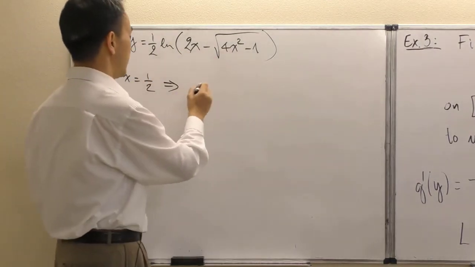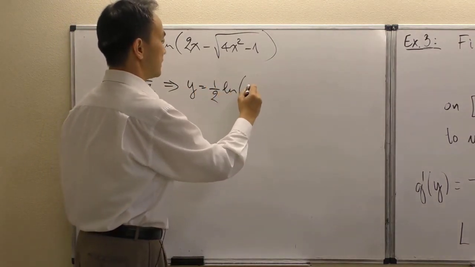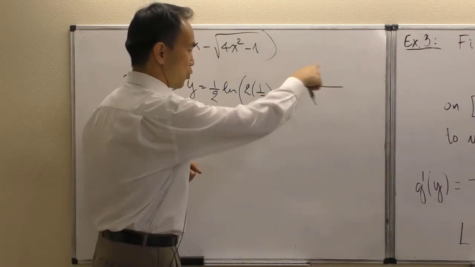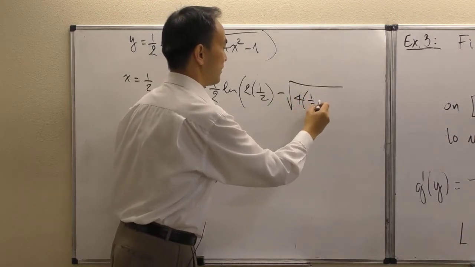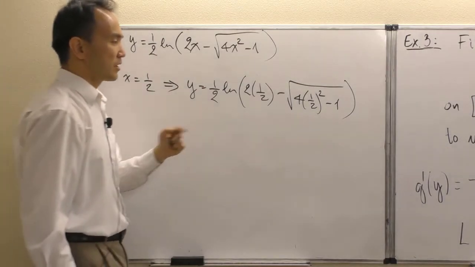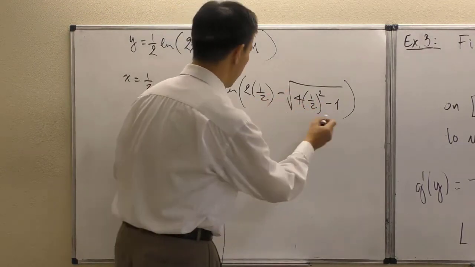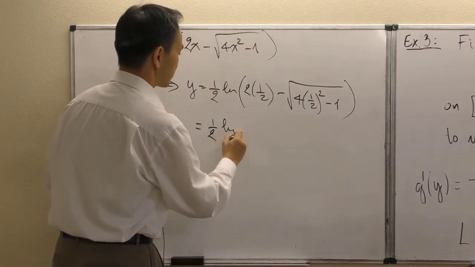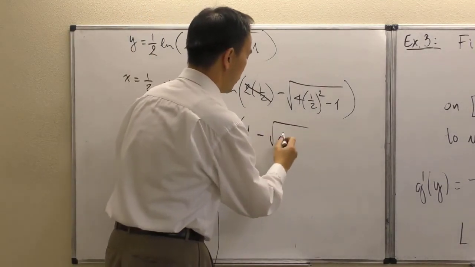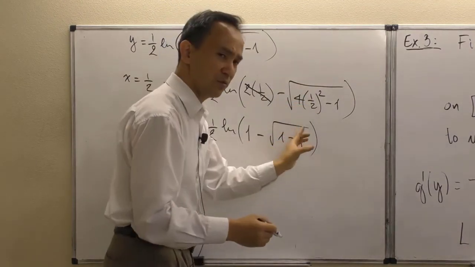So y equals 1/2 times natural log of 2 times 1/2 minus the square root of 4 times 1/2 all squared minus 1. Now 1/2 squared is 1/4, times 4 is 1, minus 1, so the square root expression becomes the square root of 1 minus 1, which is a 0.